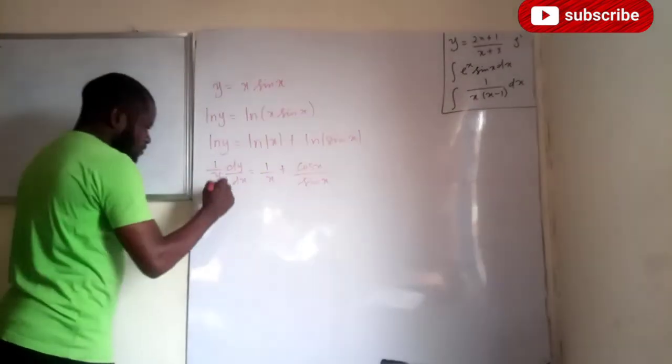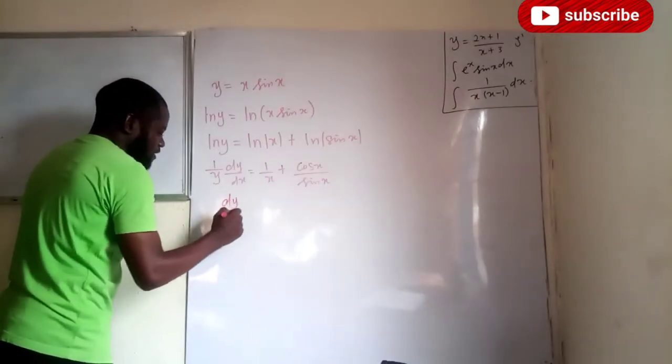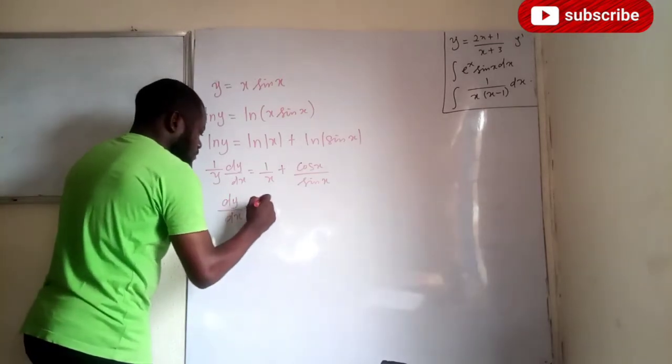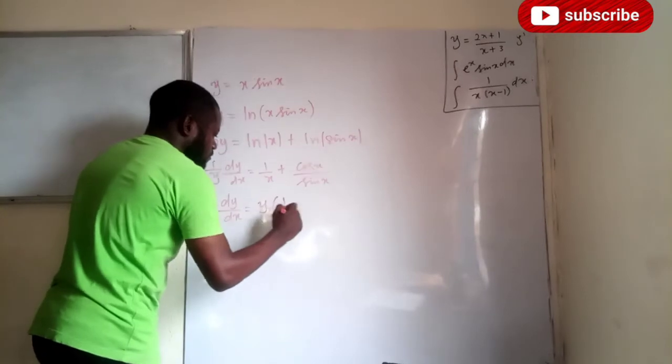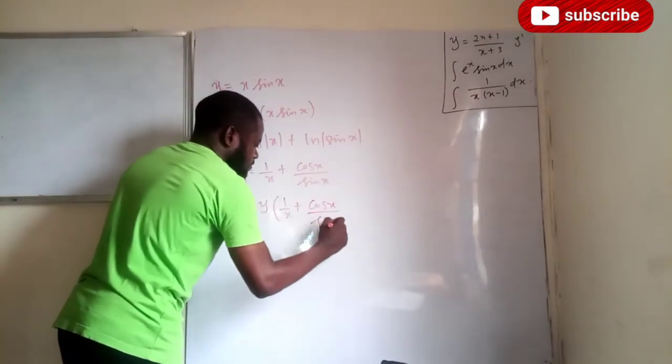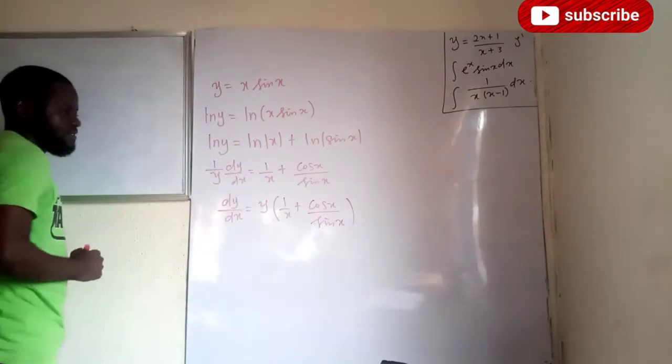So we therefore have that dy dx equal y into 1 over x plus cos x over sine x, like this.